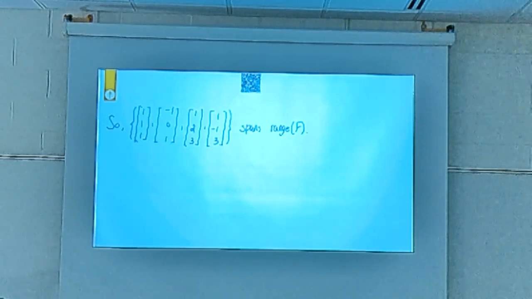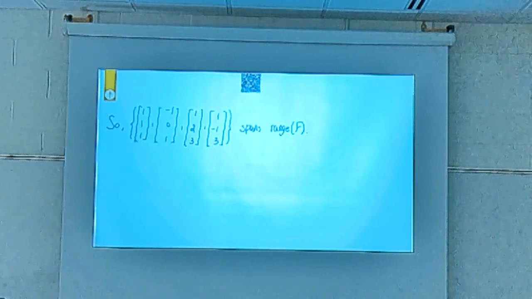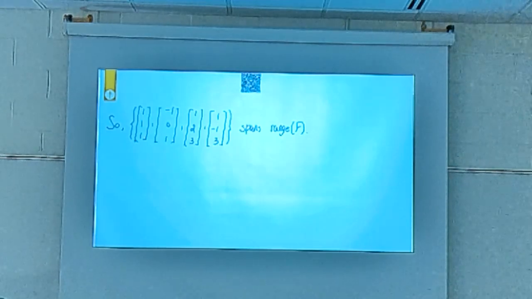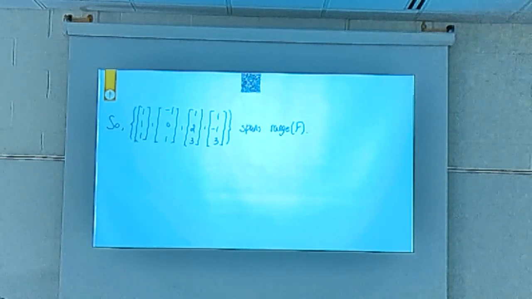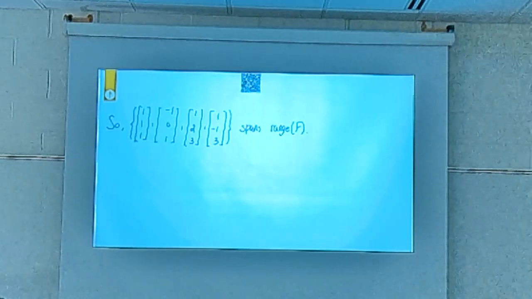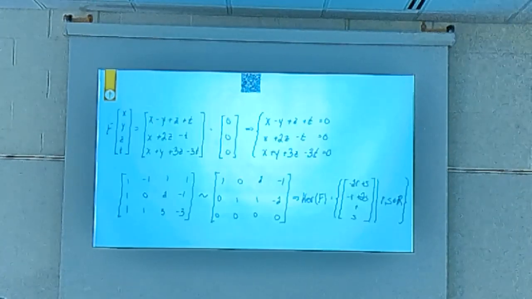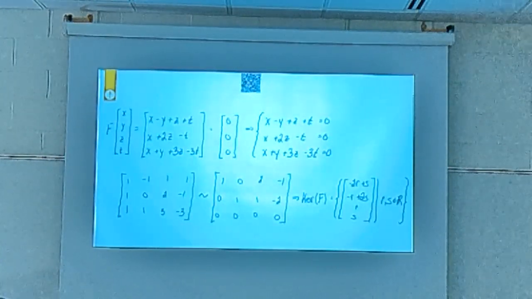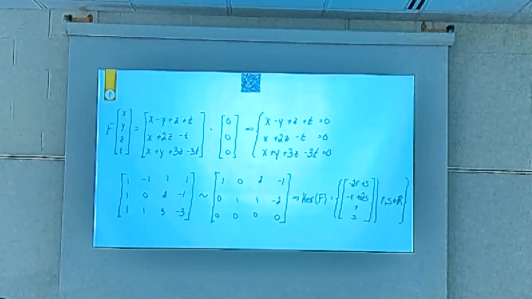Does your new set still span? Yes. So remember what we did? We just removed all the vectors that were linear combinations of the previous ones. How did we determine which ones were linearly independent? Each vector as a column. Oh, but wait a minute. Let me just do that. Which 2 vectors do we remove?